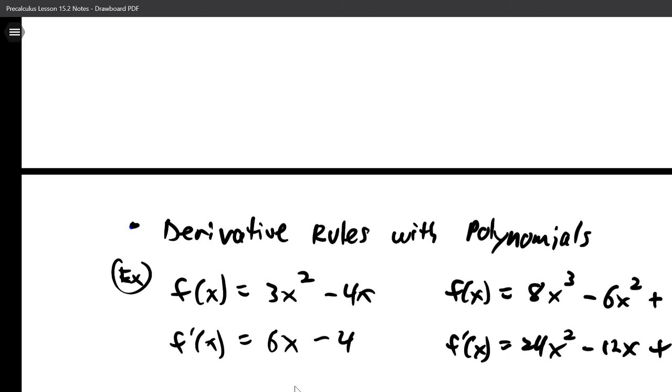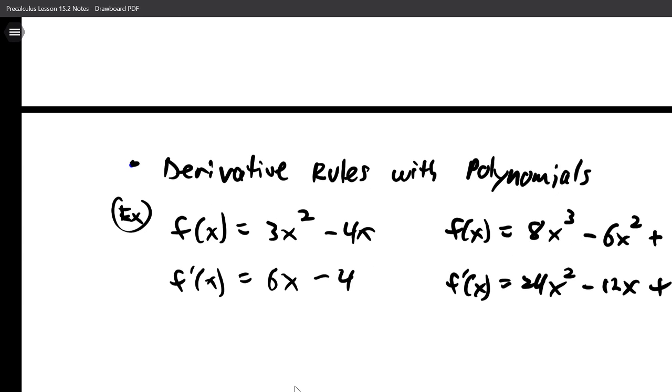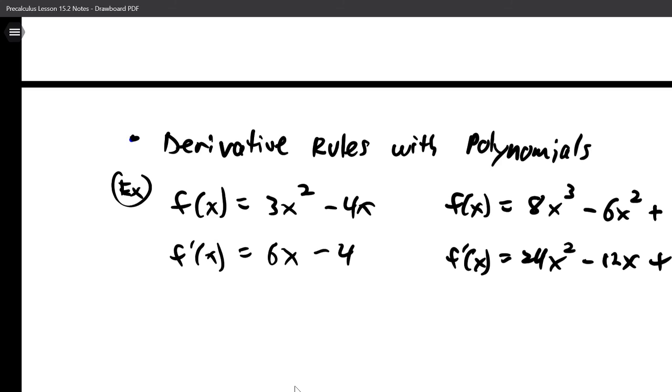So there you go. I'm just going to leave it at that. Hopefully that makes sense. Let me know if you have questions. That's what's called the power rule, and I could give you a few of these rules.